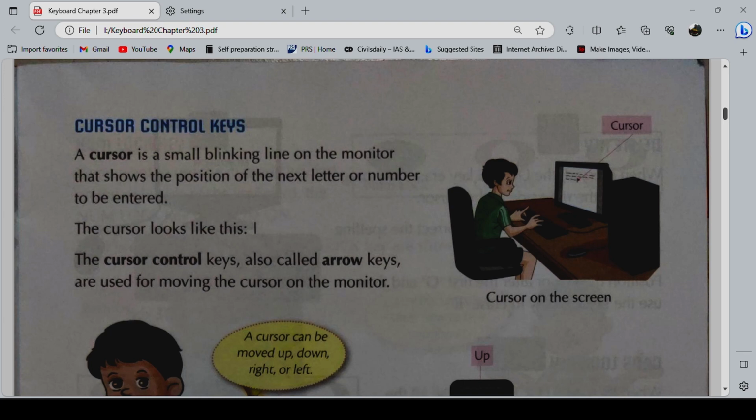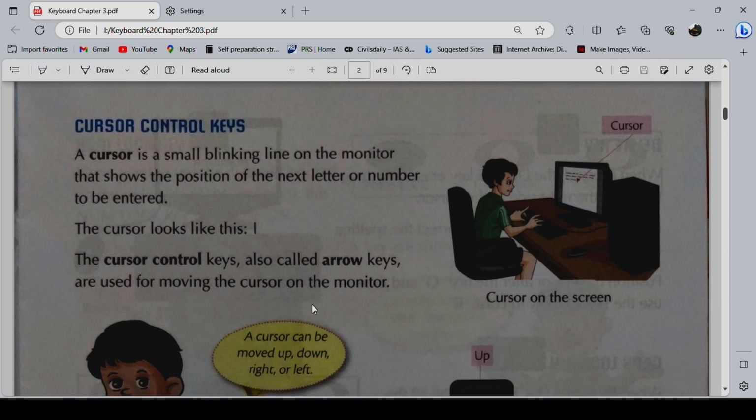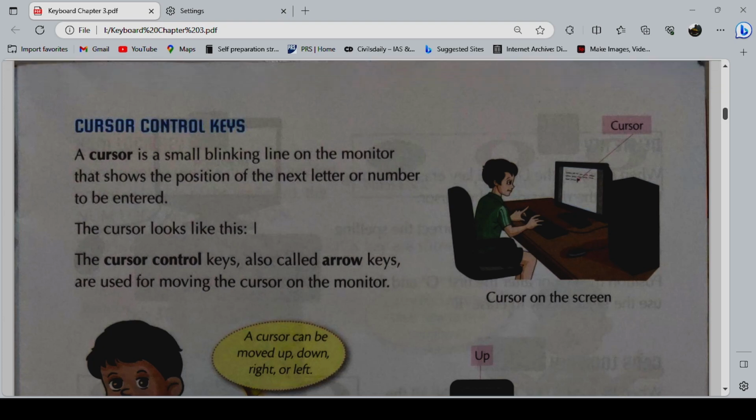So this is it. Now a cursor can be moved up, down, right or left. For this we need to again open notepad.